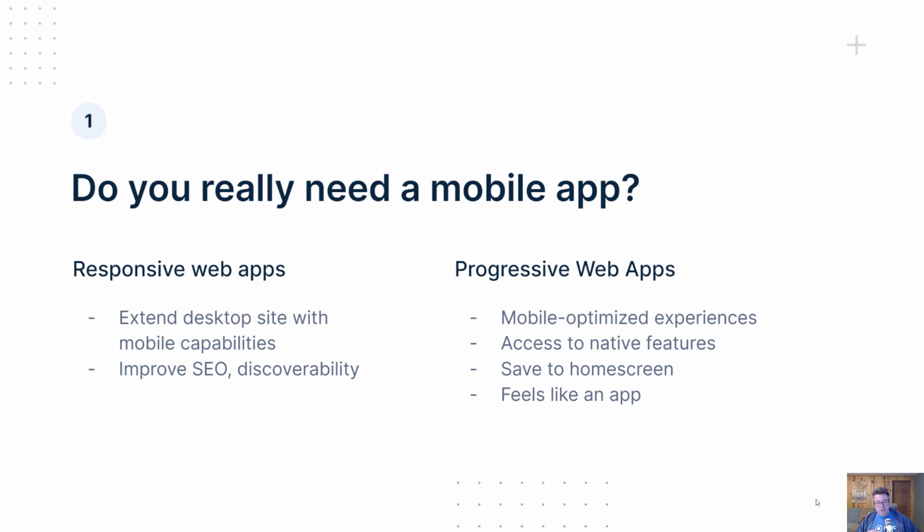But if you want to, in a similar vein, you can extend and make your desktop site into a progressive web app. And just think of those as websites and web apps that have taken the right vitamins. So what that means is providing, again, a mobile optimized experience based on the device type that's accessing the site, accessing native features that can really augment and improve that experience.